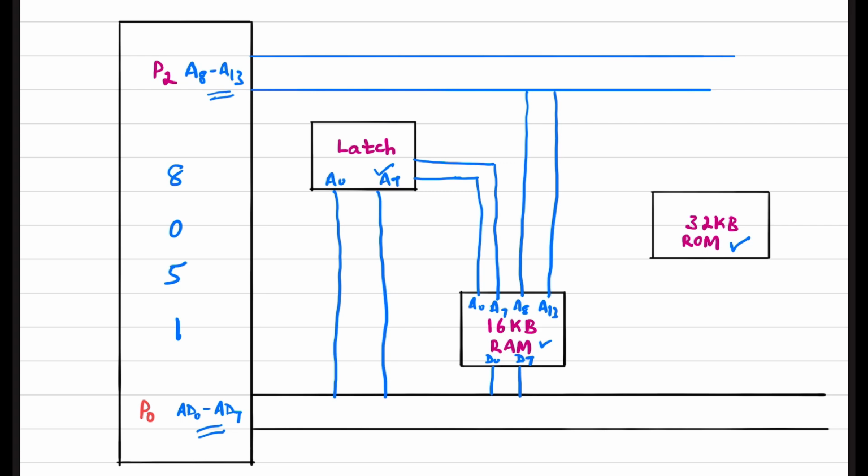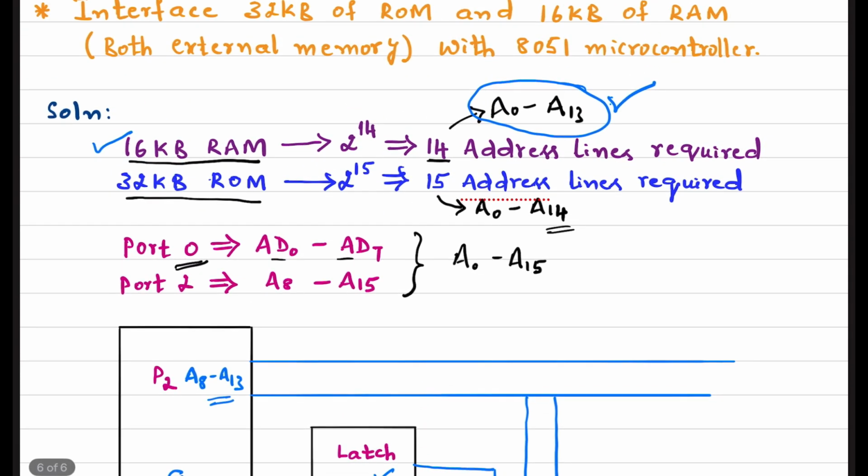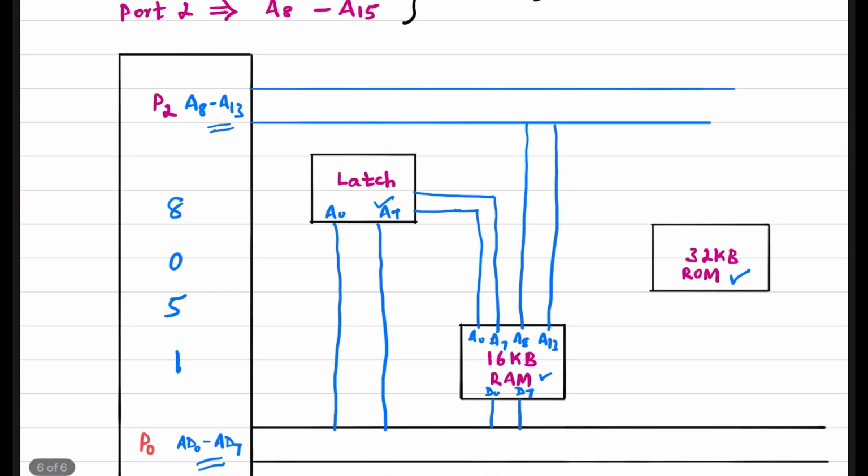Now let us get into the ROM. So ROM requires how many address lines? Total 15 address lines, that is from A0 up to A14 is the requirement, right? So let us make the lower byte of the address first, that is A0 up to A7, and then in continuation we have A8 up to A13, and we require A14 also.